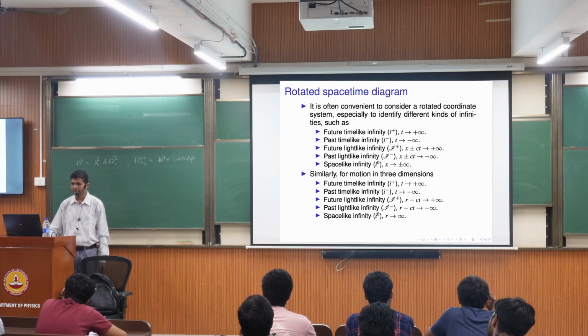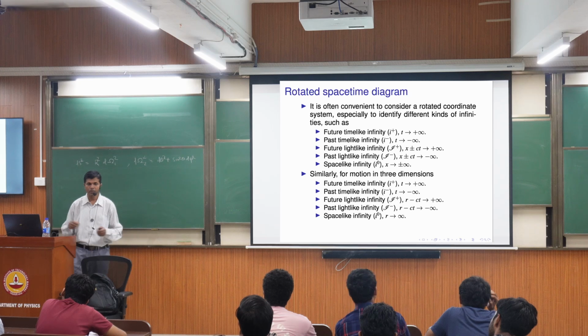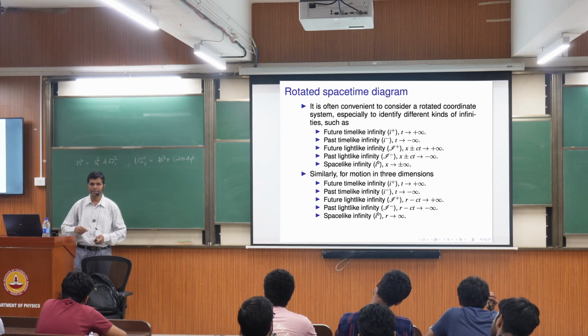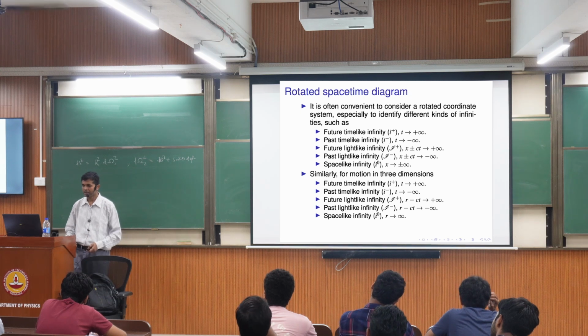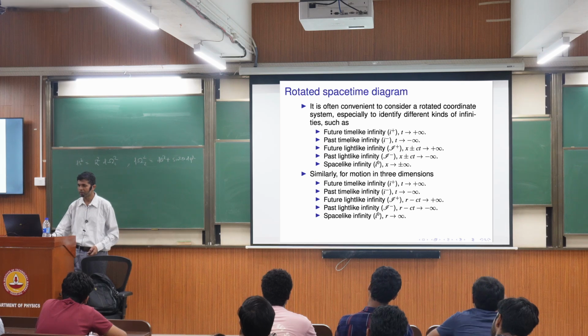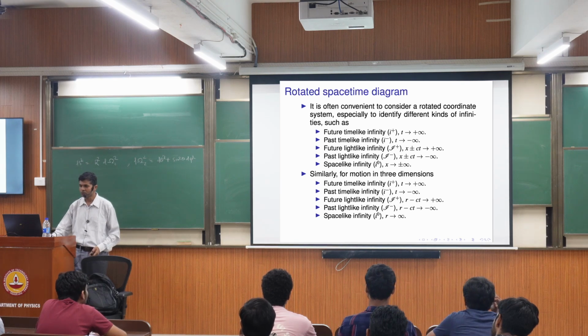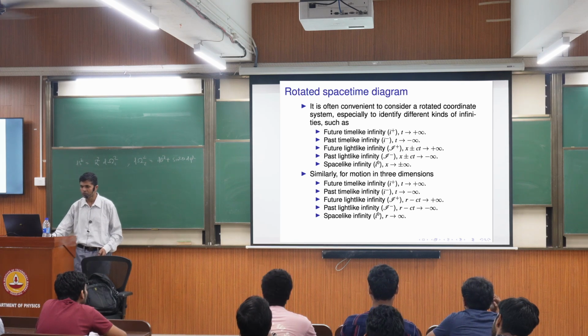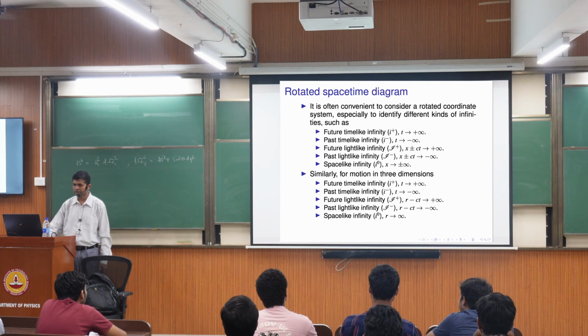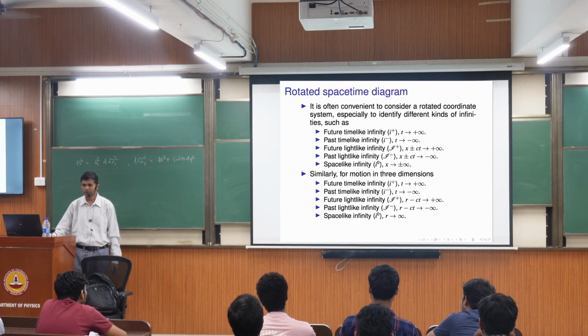Similarly, future light-like infinity consists of the points in this space-time diagram where a light signal can go. These are basically light-like infinity. They are denoted by this symbol here, which is known as scri. So scri plus is the future light-like infinity. Similarly, scri minus is past light-like infinity.